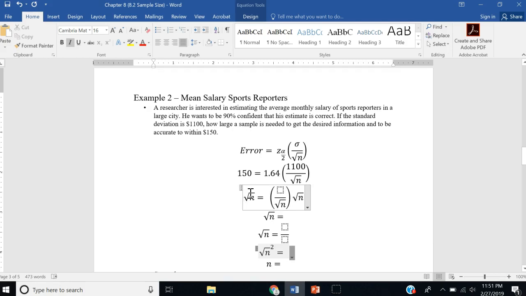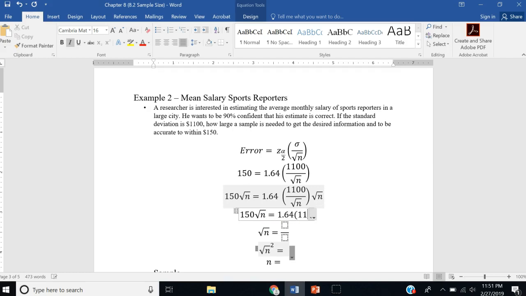Okay, so we'd multiply both sides by the square root of n. What that's going to do is get rid of my square root on the right-hand side, and it'll leave me with 150 is equal to 1.64 times 1100.